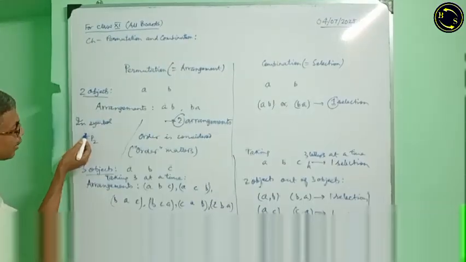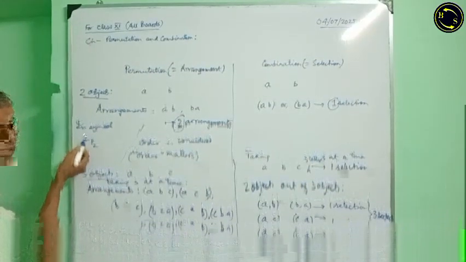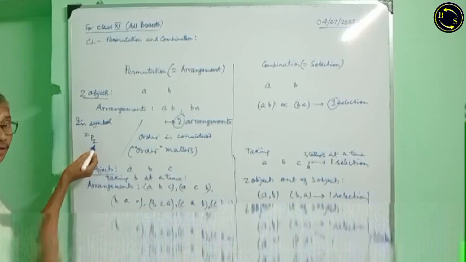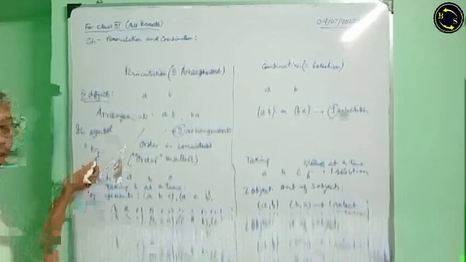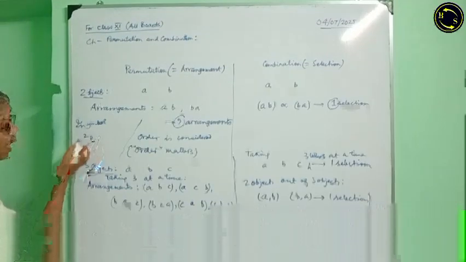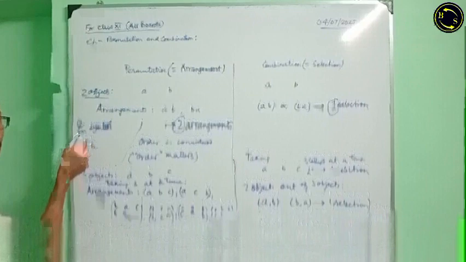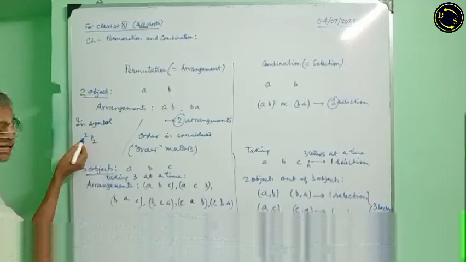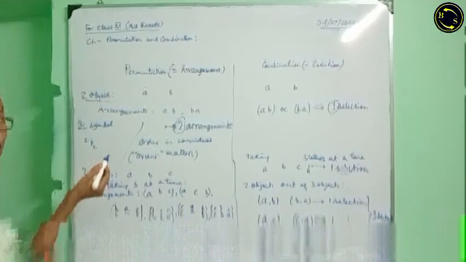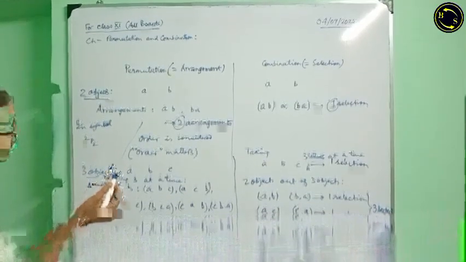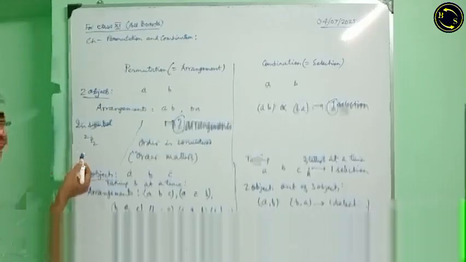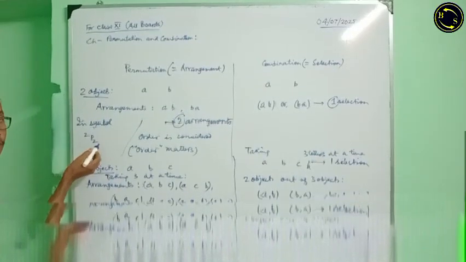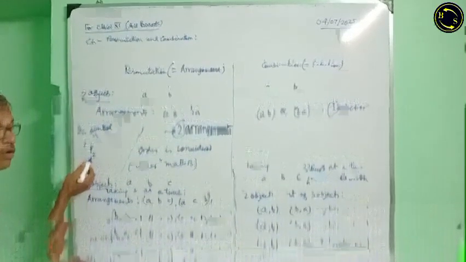Out of two different things, taking two at a time, the number of arrangements is expressed by this symbol. I repeat, out of two different things or objects, we are taking two at a time and arranging. The total number of arrangements will be 2P2. This is the symbol P for permutation.